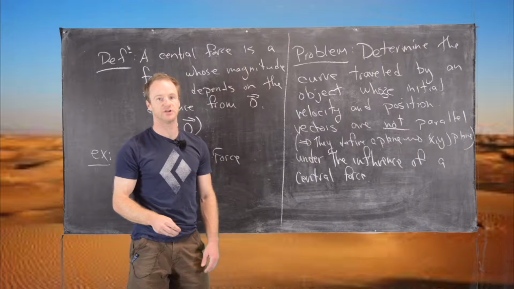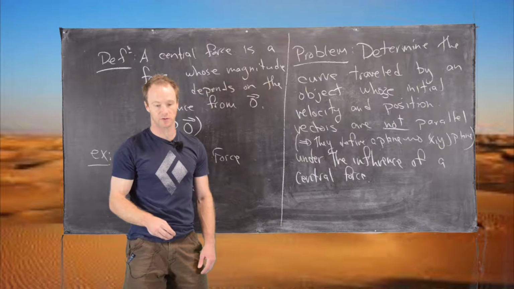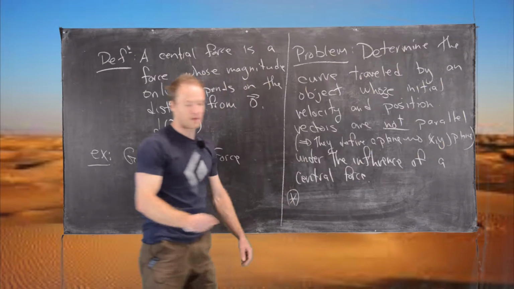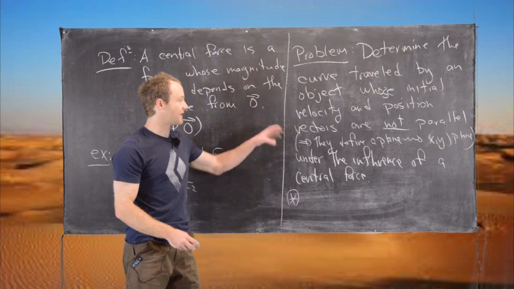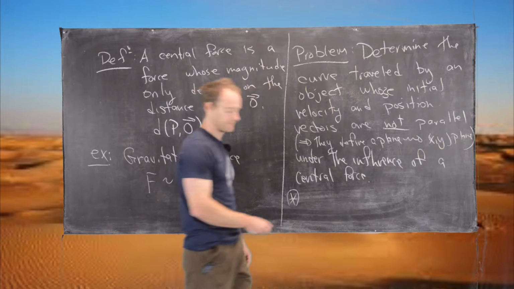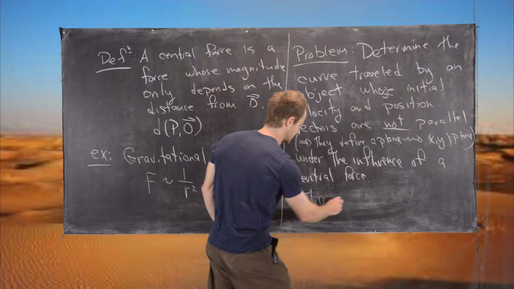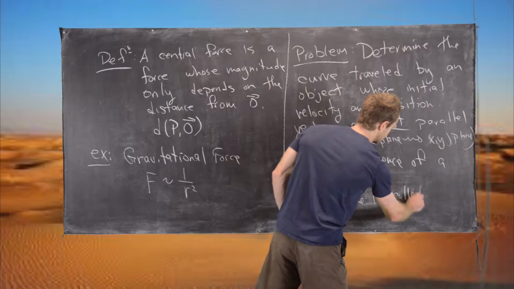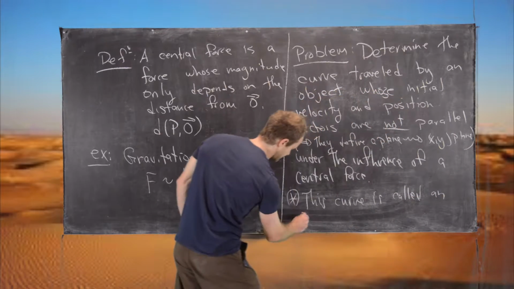We only need to work in 2-dimensional coordinates instead of 3-dimensional coordinates. And then finally, the curve that is defined by the travel of this object is called an orbit.